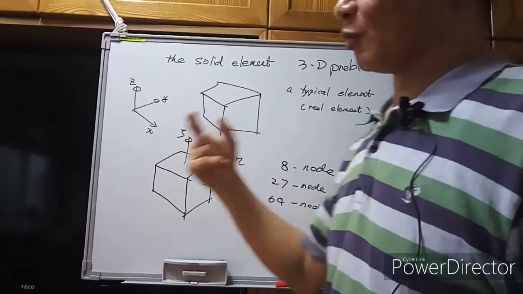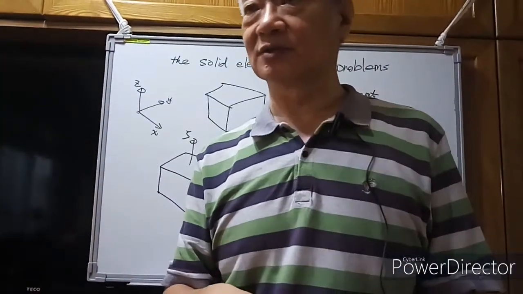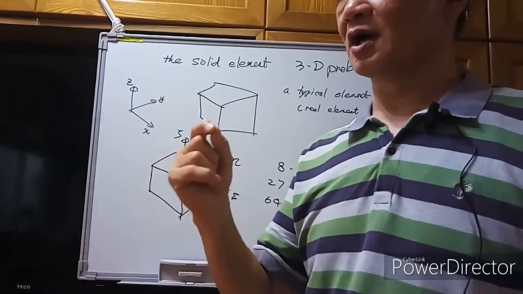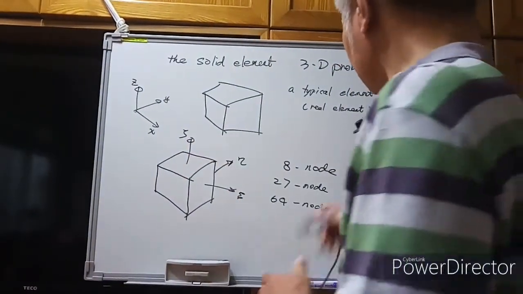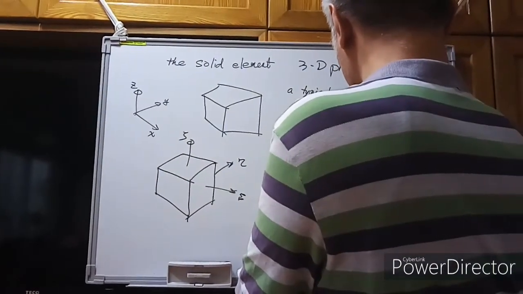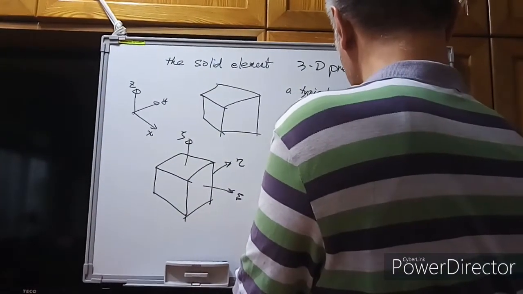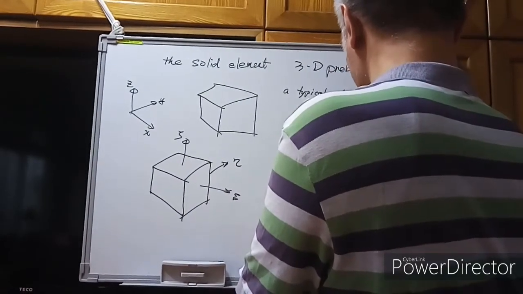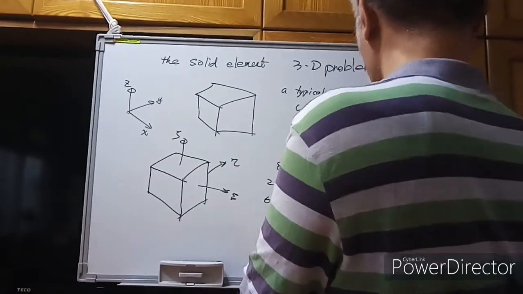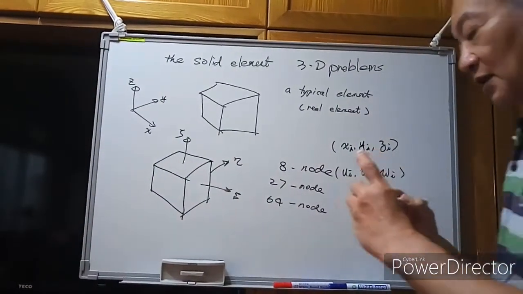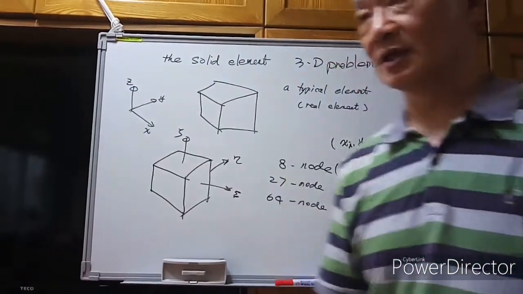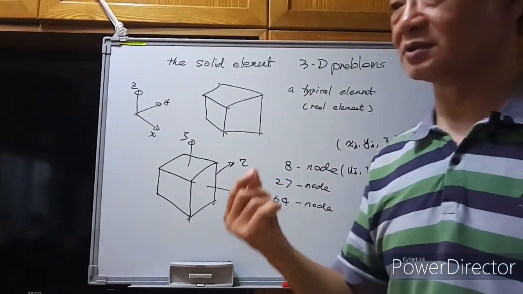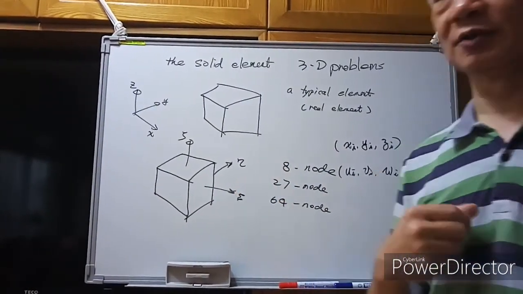Not only the xi, yi, and zi will be sent there, but also the assumed nodal displacements ui, vi, and wi. The xi, yi, and zi are the nodal coordinates, and the ui, vi, and wi are the displacements along the x, y, and z directions.